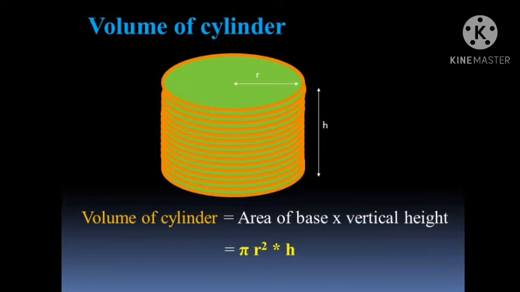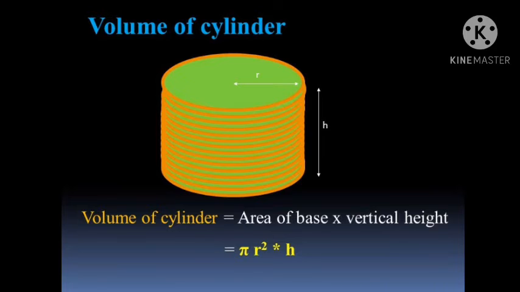Take circles with equal radii and arrange one over the other. Do this activity and find whether it forms a cylinder or not. In the figure, r is the radius of the circle and h is the height up to which the circles are stacked. Therefore, volume of cylinder is equal to area of the base into height.